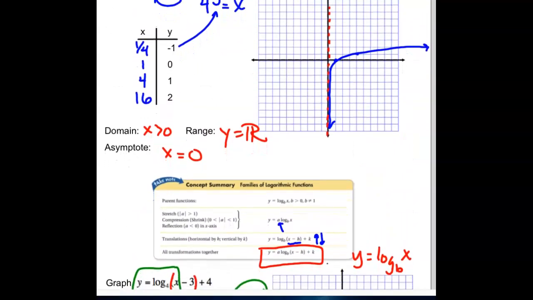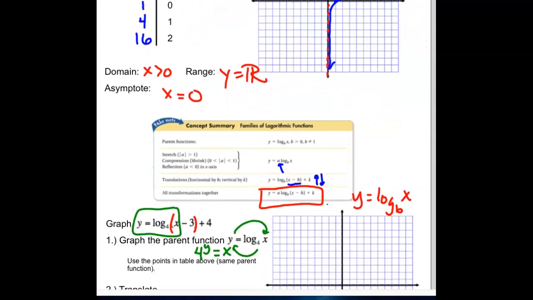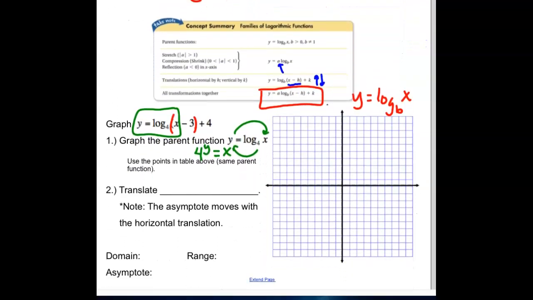So let's plot those starting points again, and then we'll shift them. So we had the point (1/4, -1), (1, 0), (4, 1), and then we had that one off our graph at (16, 2). Okay? Our translations for this one, because of this 3 here, we know that we are going right 3, and then because of our 4 on the outside, we're going up 4.